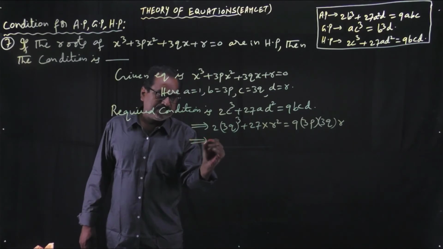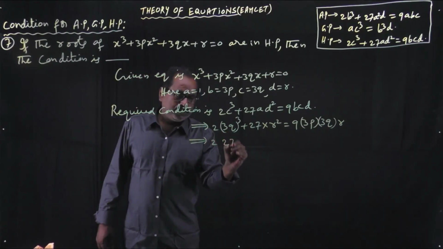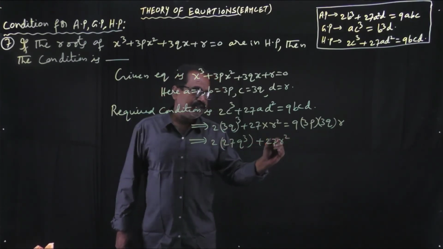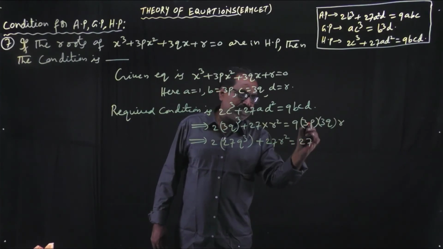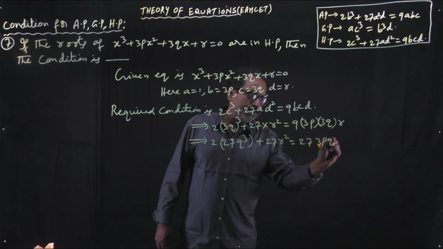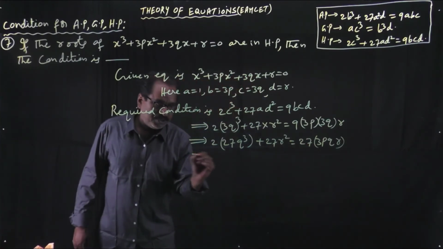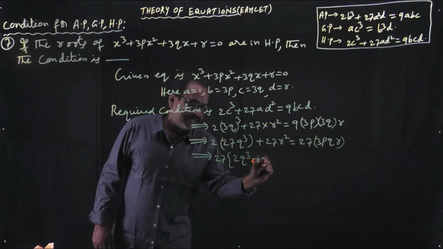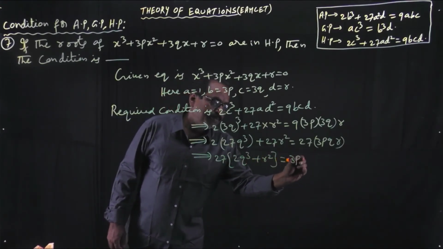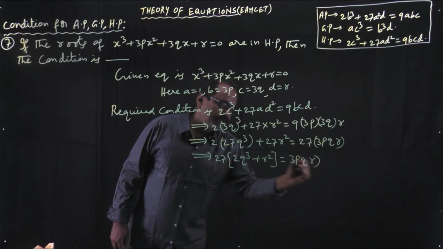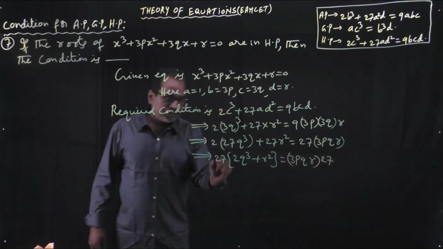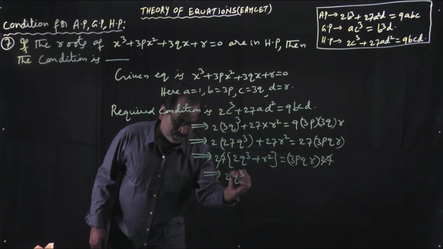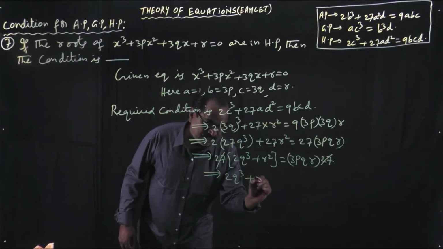So this implies 2 into 27 q cube plus 27 r square is equal to 27 into 3pqr. So here 27 is a common factor, 27 into 2q cube plus r square is equal to 27 into 3pqr. So here 27 gets cancelled. So this implies 2q cube plus r square is equal to 3pqr.